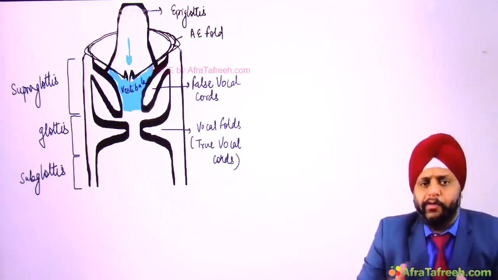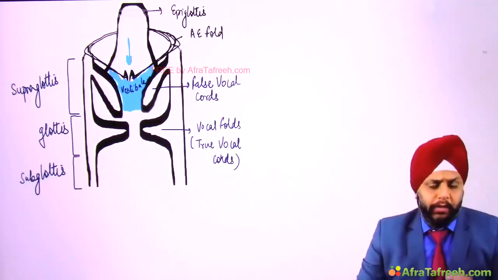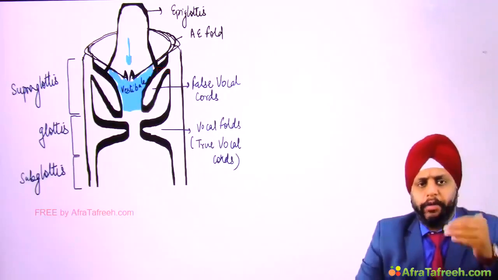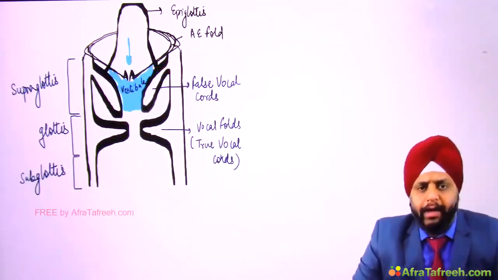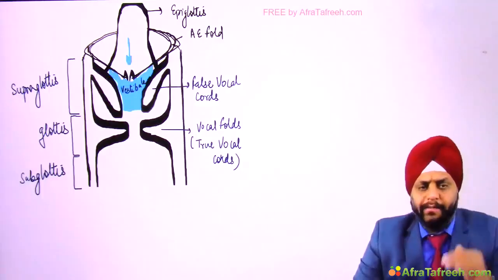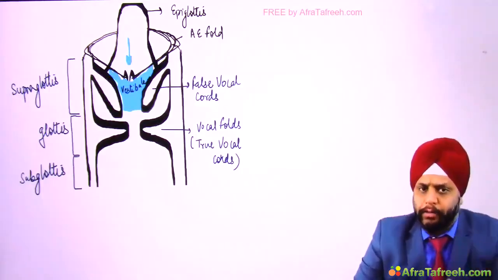So what is the laryngeal vestibule? It is an imaginary space in the airway. Where does it lie? It starts from the laryngeal inlet and ends at the false vocal cords. This part of the airway is known as the laryngeal vestibule.